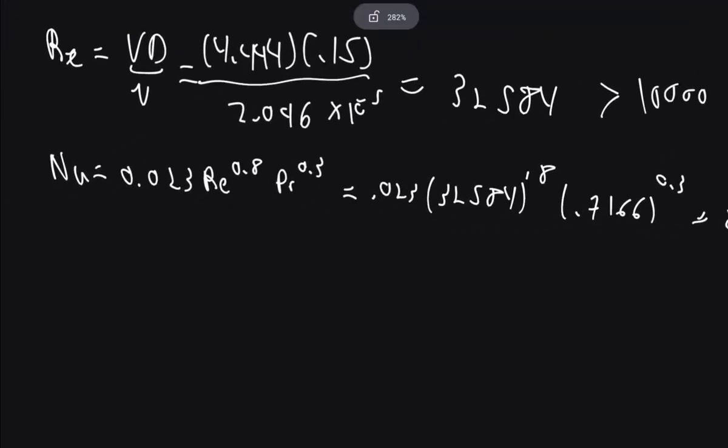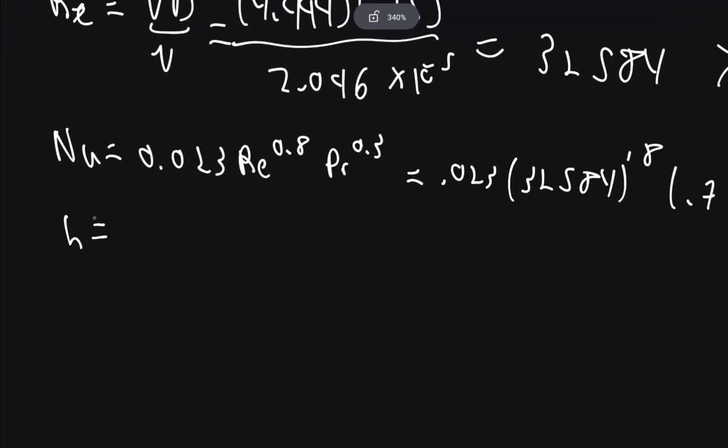And then we can solve for h, and that is k over D times the Nusselt number.